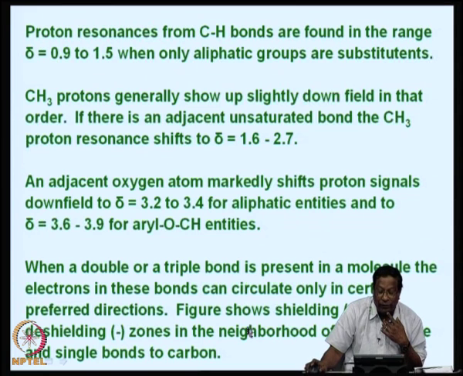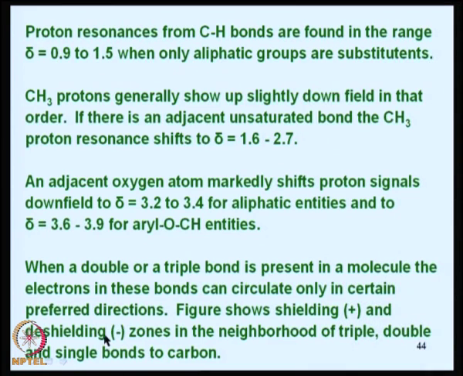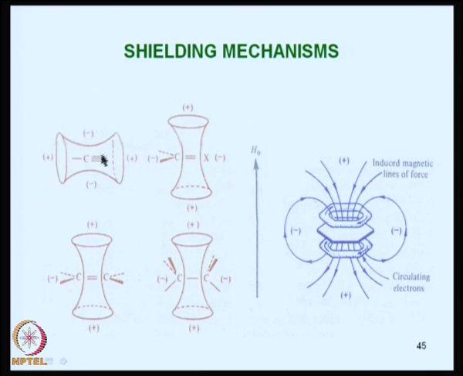So, this figure shows shielding and de-shielding zones in the neighborhood of a triple bond, double bond and single bond. Just look at this figure. Here you can see this is the triple bond and this is the double bond. This shielding effect is like this, and this is minus, this is plus, and this is plus.